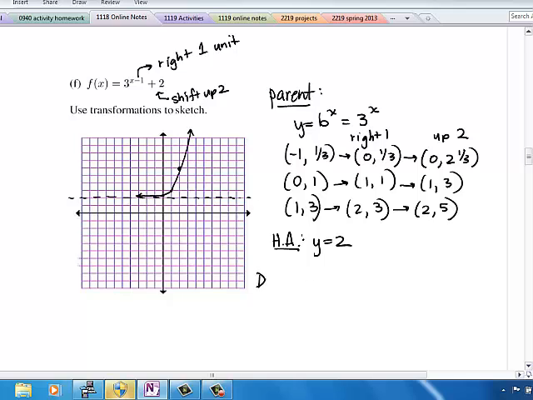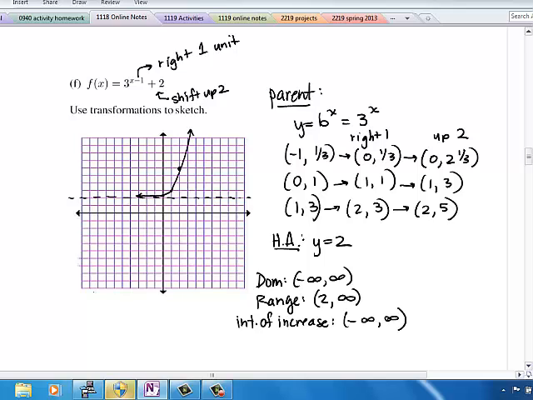The domain, all reals. The range, looks like we don't go any lower than 2 and we don't get to 2, so 2 to infinity. And the interval of increase is all reals, negative infinity to infinity, and it's never decreasing, just always increasing.